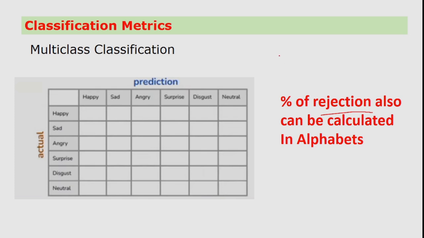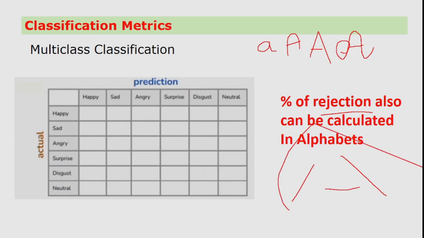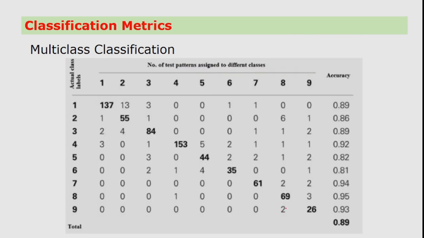For example, you are giving input as A and the model predicted this as A. You are giving this A and this A, and a few like this, which is also an A. Fine, but unknowingly your model has given something different. This type of characters will be rejected by your model. That ratio also needs to be calculated. That will happen in multi-class classification.